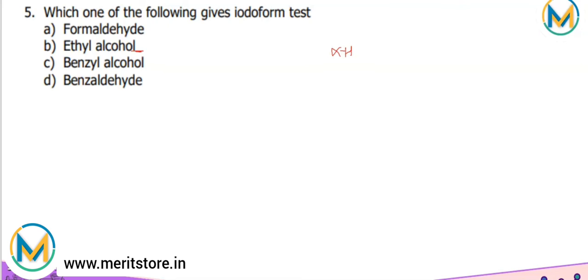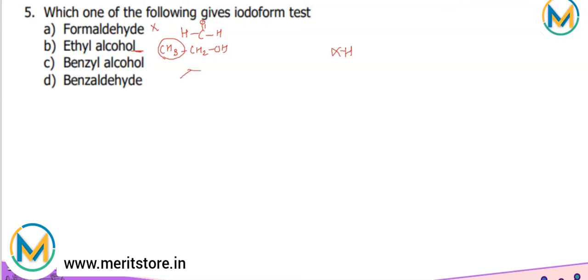So among the given options, formaldehyde cannot give the iodoform test because it does not have an alpha hydrogen available. This is the structure of formaldehyde. This is the structure of ethyl alcohol, and it has an alpha hydrogen atom.